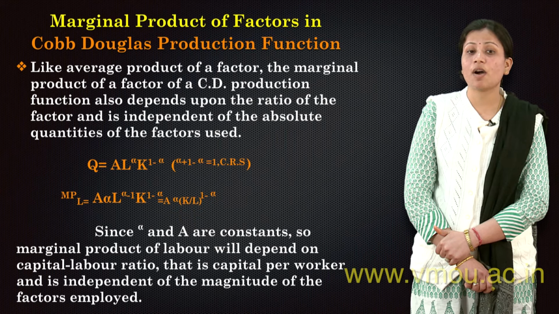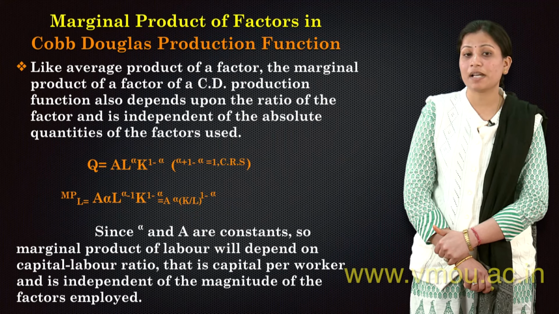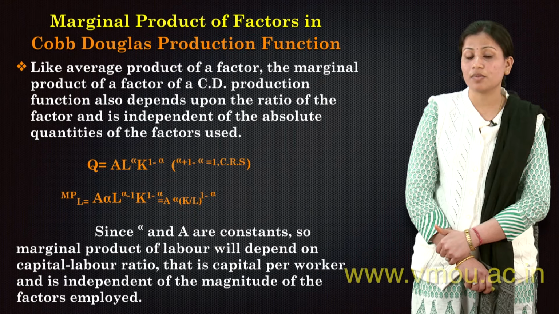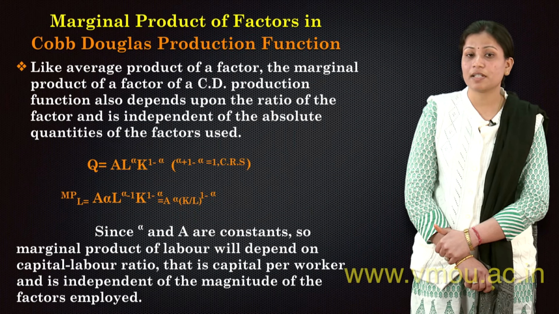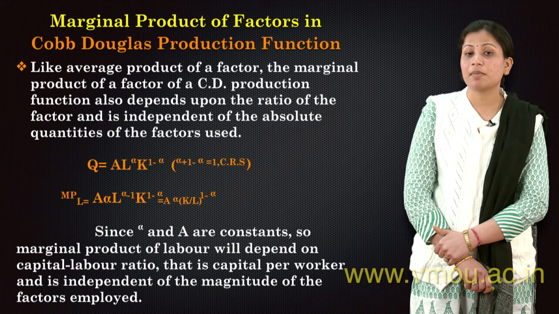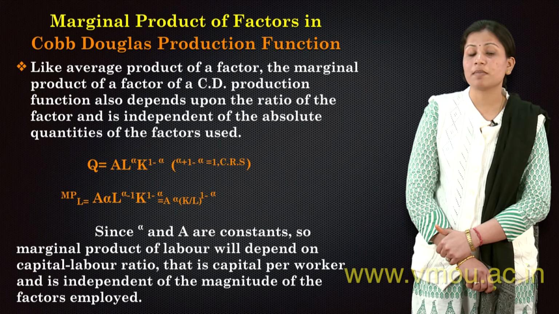Now, again take the Cobb-Douglas mathematical notation Q equals A L raised to alpha K raised to 1 minus alpha. Again, alpha and 1 minus alpha are the share of labor and share of capital in the total output. If you calculate the marginal productivity of labor, it will equal A alpha K divided by L whole raised to power 1 minus alpha.